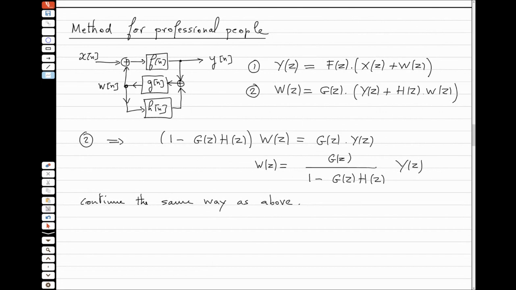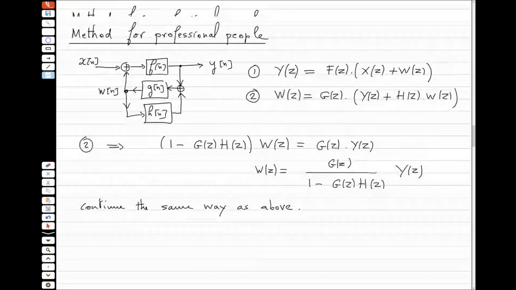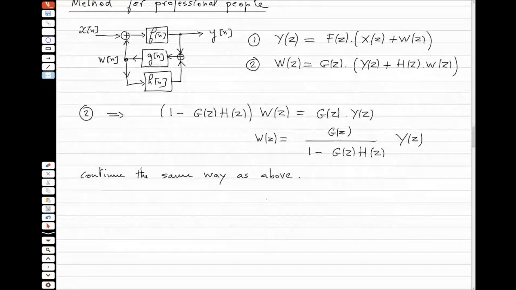It's like they speak Z transform like they speak English. Okay, end of chapter 2.